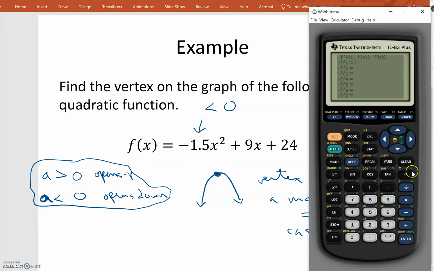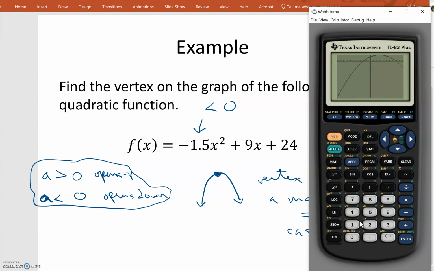So the first thing I need to do is enter the function. Okay, and I am going to just use a square window for right now and do zoom fit. We may need to mess with this if we don't see enough of what we want to see.